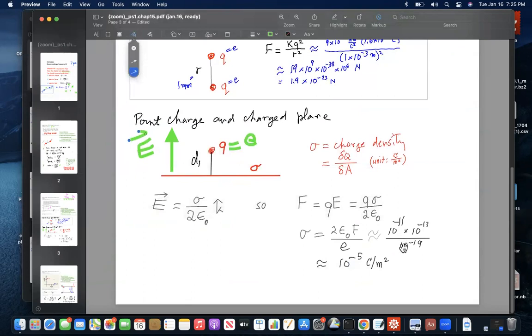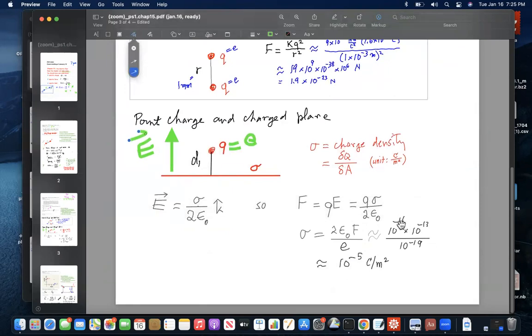E is of order 10 to the minus 19. So you see, this is 10 to the minus 24 over 10 to the minus 19. Let's see, that would be 10 to the 19 minus 24. That's 10 to the minus 5.